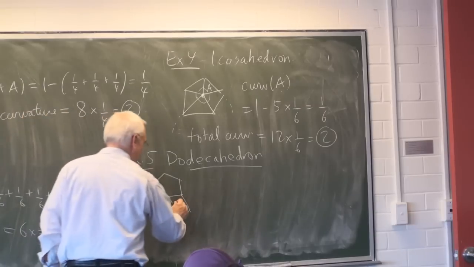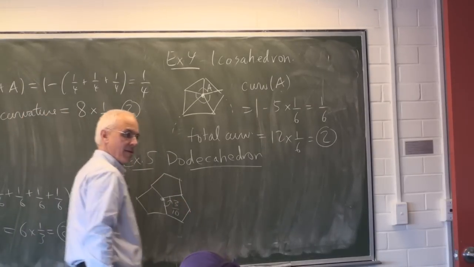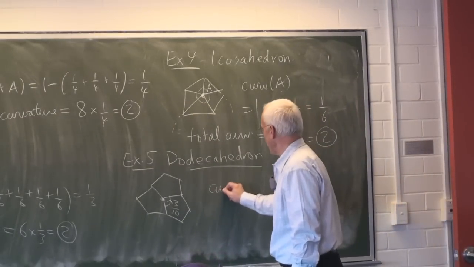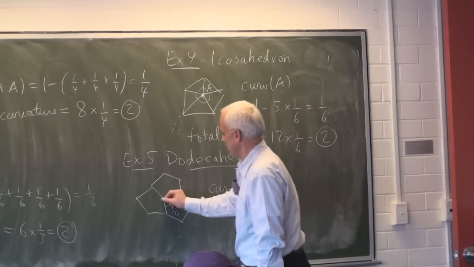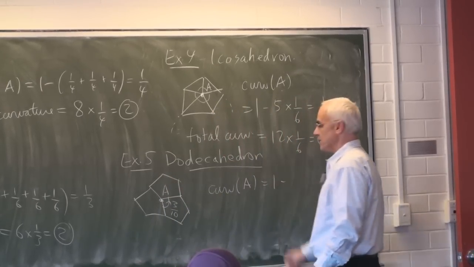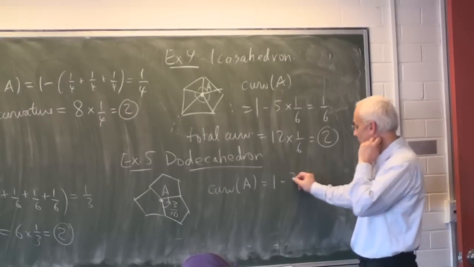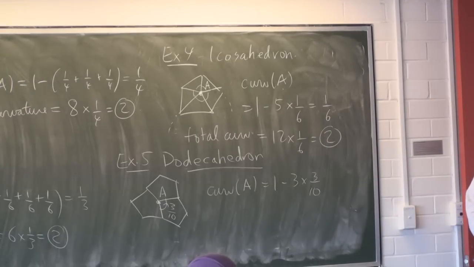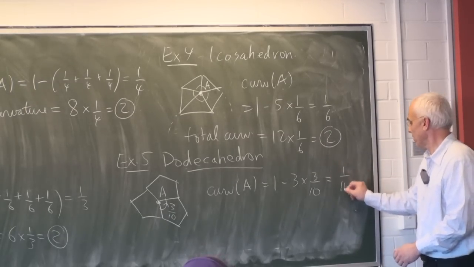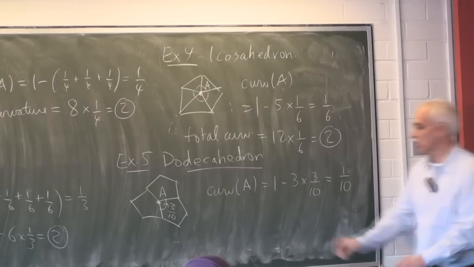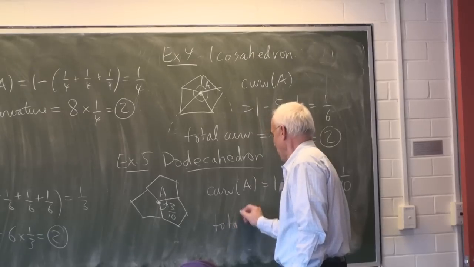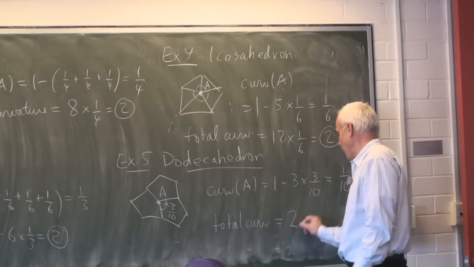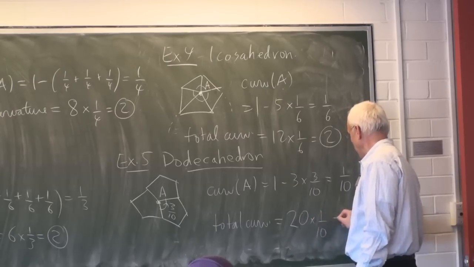I think we found that it was 3/10. And so the curvature at A will be 1 minus 3 times 3/10, which is 1/10. And the total curvature equals, well, there are 20 vertices, so it's 20 times 1/10, which is still 2.